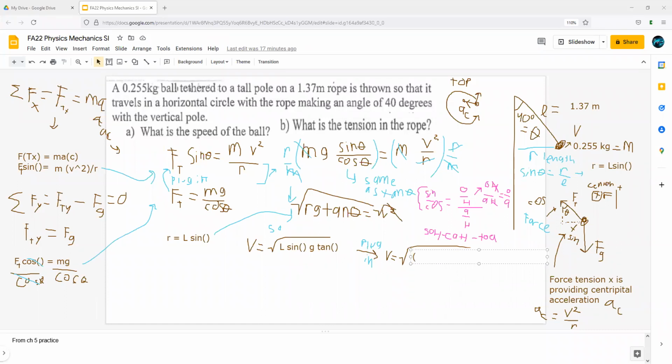And you get L, just 1.37 meters, and sine 40 degrees times gravity, 9.8 meters per second squared, times tangent 40. Yes, I recognize it's kind of cutting into other stuff. I will remove it.